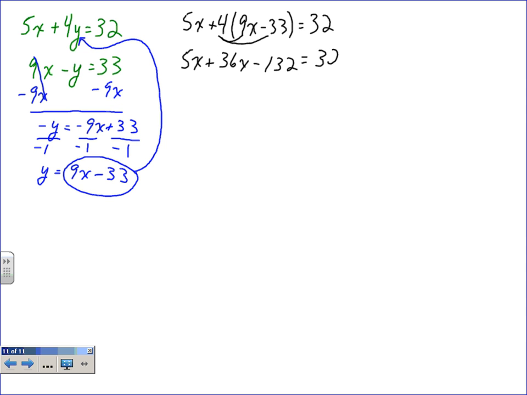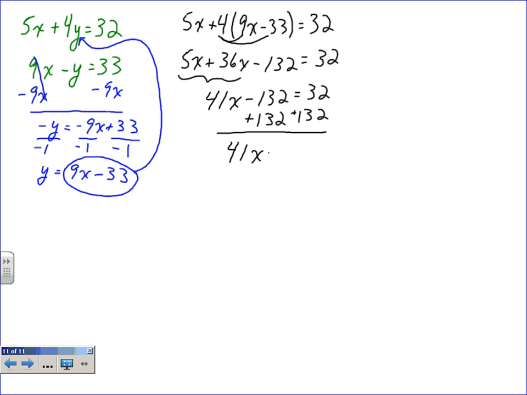And that equals 32. 5x plus 36x is 41x minus 132 equals 32. And then I'm going to add 132 to both sides. I'll have 41x is equal to 164.